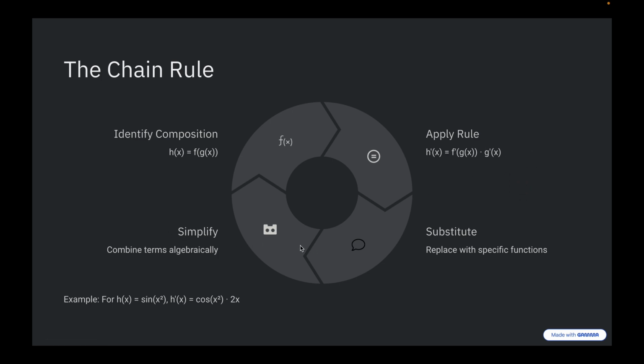And the fourth step is to simplify. For example, for h of x is equal to sine of x squared, h dash of x is equal to cosine of x squared times 2x. If you look at the first two slides, which was the power rule and the trigonometric function rule, that'll actually also show you how you can use that. And it's quite simple when you really realize what the main key points are.